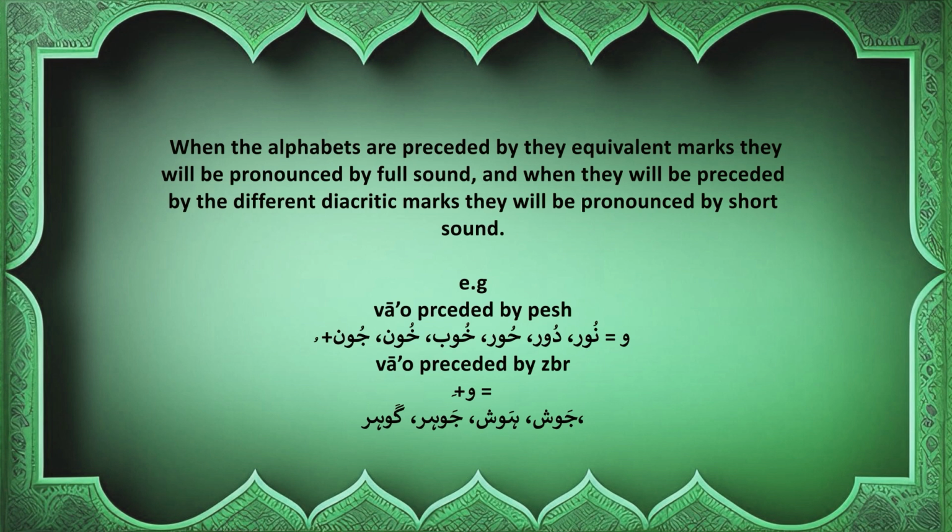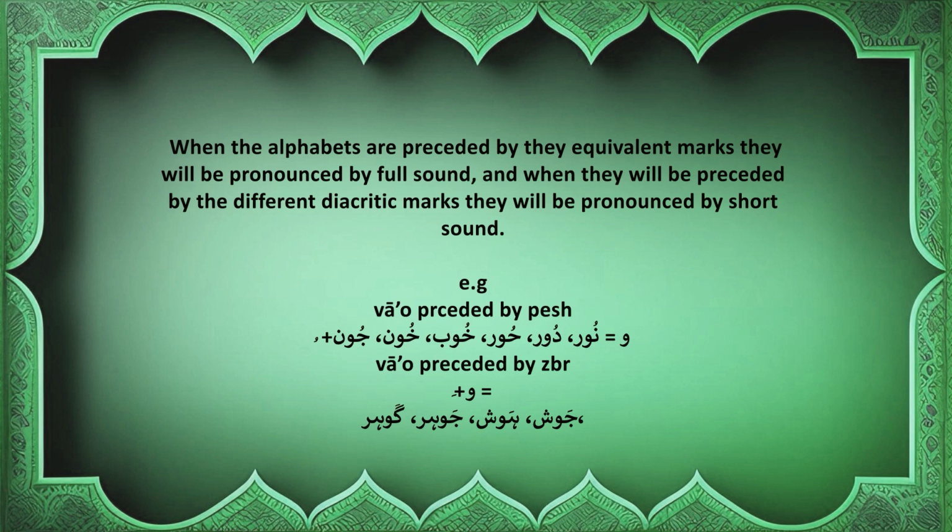We have examples here: Noor, Dur, Hur, Khoob, Khoon, June. Why are we lengthening their sound? Because they are preceded by their own diacritic mark, or we can say VAO is preceded by pesh.